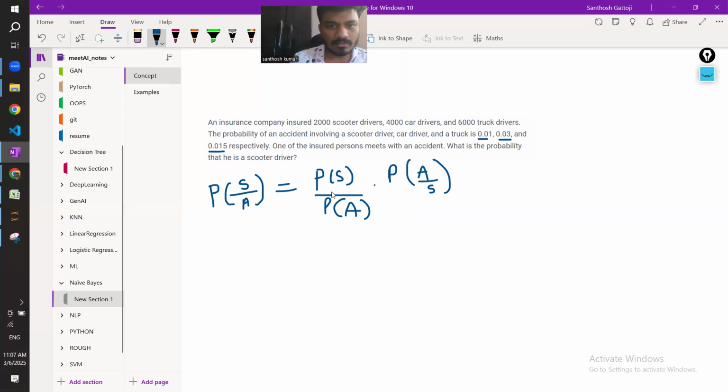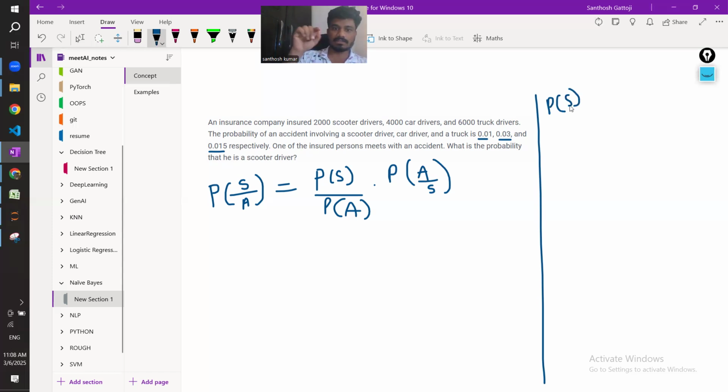So what is probability of scooter, probability of accident with respect to scooter, and probability of the overall accident? So first, what is the probability of scooter? Actually the probability that the driver is a scooter driver.